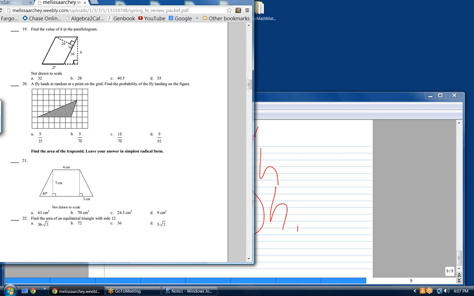But if we view it with our head cocked to the left a little bit, we see that we have a base and we have a height. So I'm able to figure out the area of this thing. And once I know the area, I go back and view it as an upright parallelogram again, and now I can solve for h. Clever problem. Very clever problem. I like that.